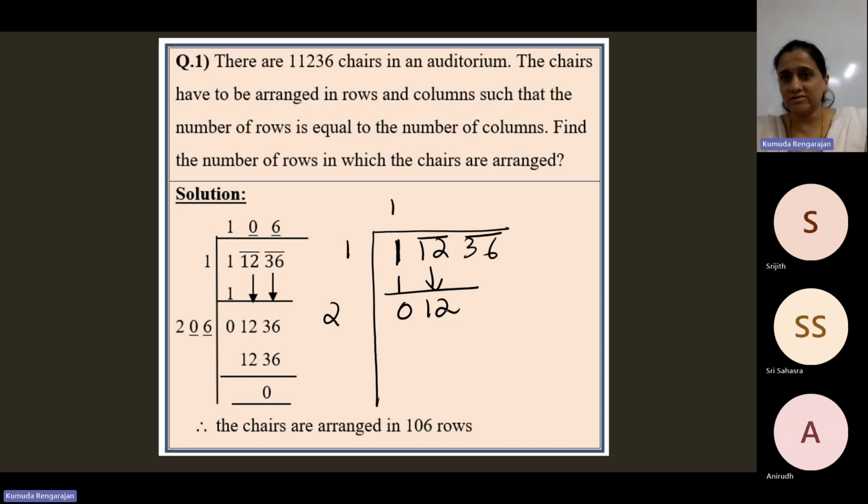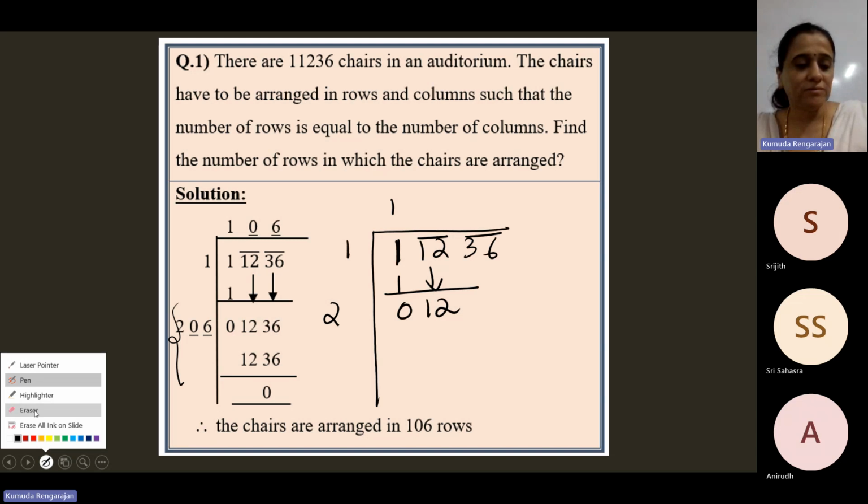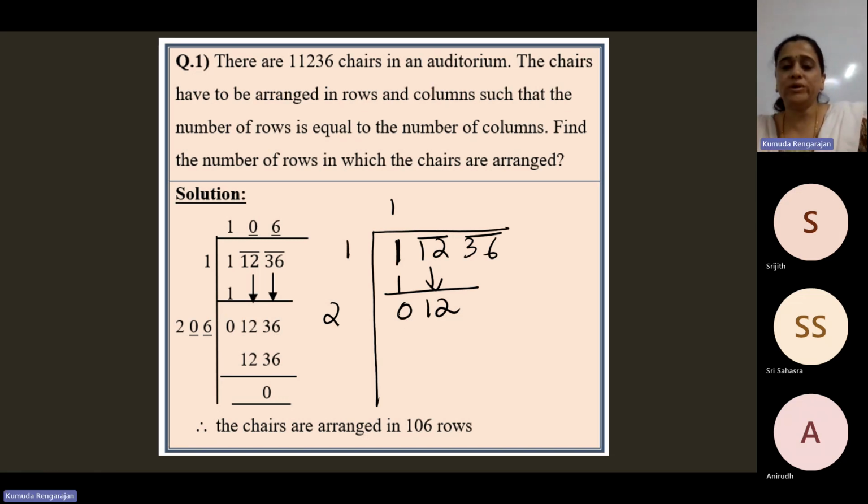Now you can also do it like this. You don't see one step here, right? I'll just tell you how to avoid that step. Okay, let me compare what we have learned and what is here.